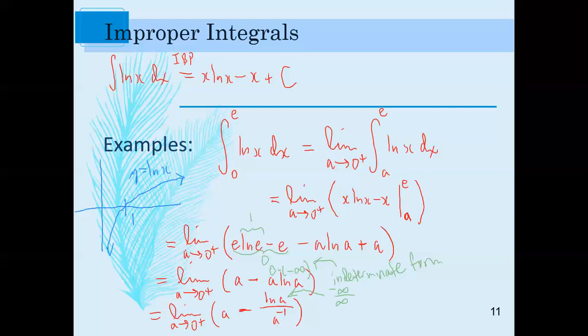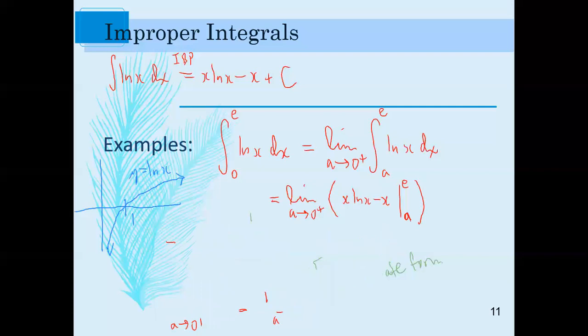Now let me move some of this stuff out of the way. Just go like this. Okay. There we go. There we go.